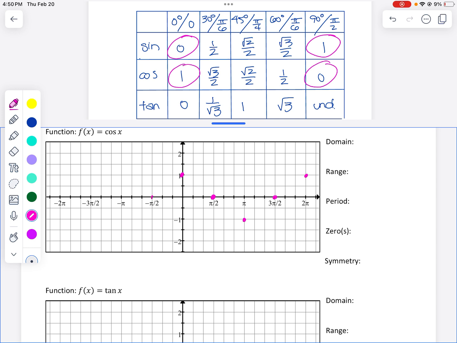Then we can reflect over here to complete the graph on the negative side. So these parent functions should not be taking a ton of time to graph.